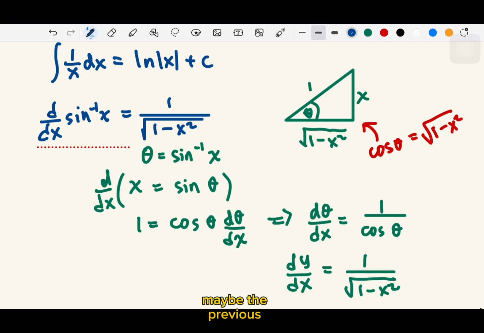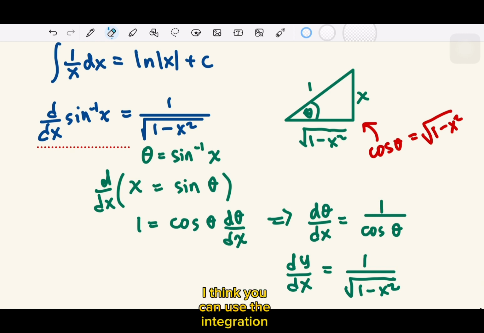Maybe the previous one made you confused. Sorry about that. But what happens if this is an integral? Can you do that? I think you can use integration by parts, right? But I think it will be a little bit long.